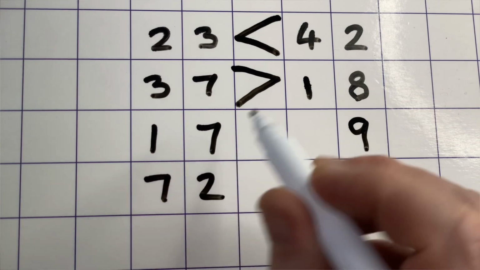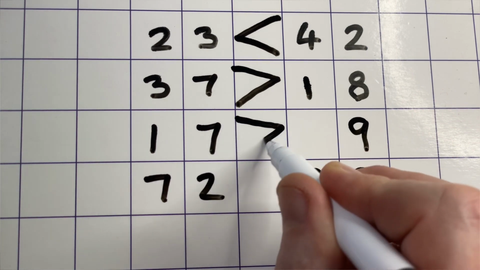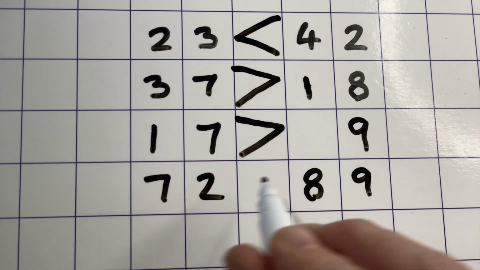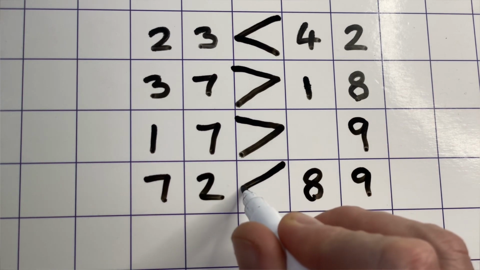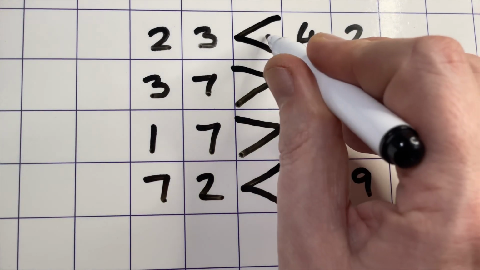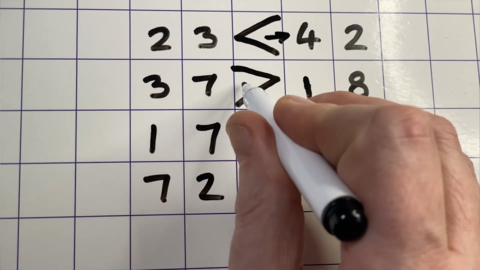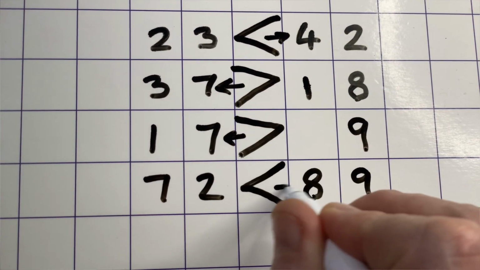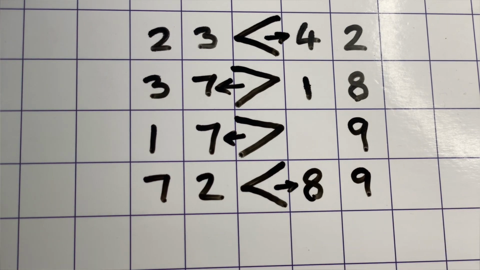Here 17 again is larger than 9, and the final one, 72, is less than 79. So the quick way to remember is that the open jaws always point to the larger number. So all I'm doing here is just marking the larger number, that way I know I've got them all right.